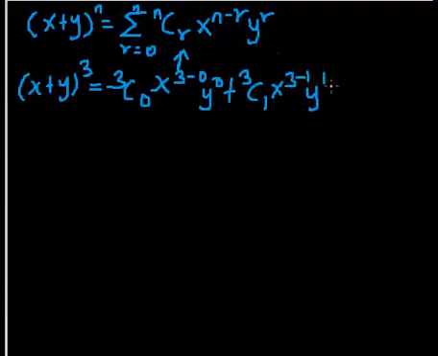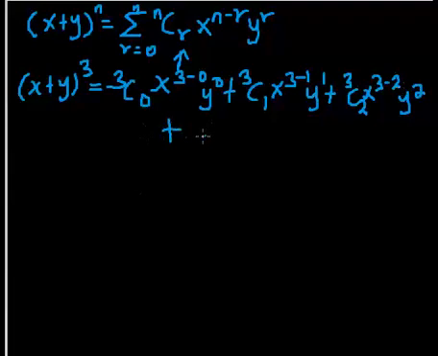Then of course the next r now is 2, so that's going to be 3 combination 2. X, you know what it is, that is going to be 3 minus 2. Then y raised to the power 2. Y is always raised to the power of the r. I bring plus here.